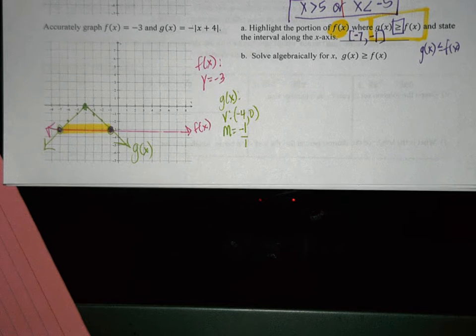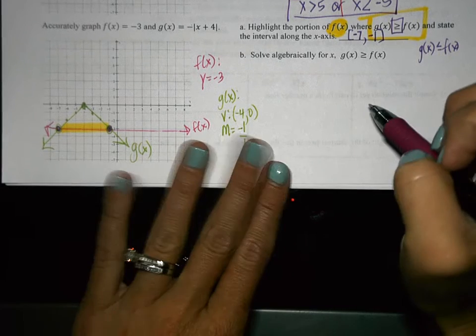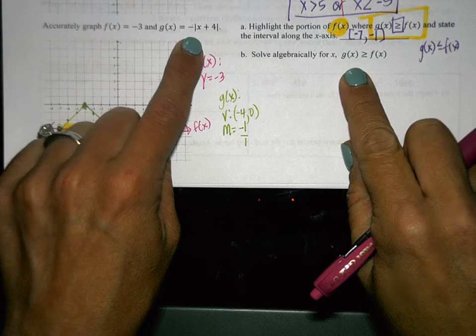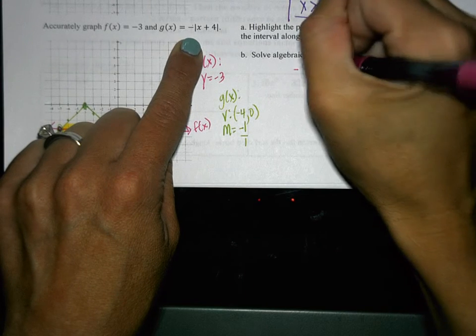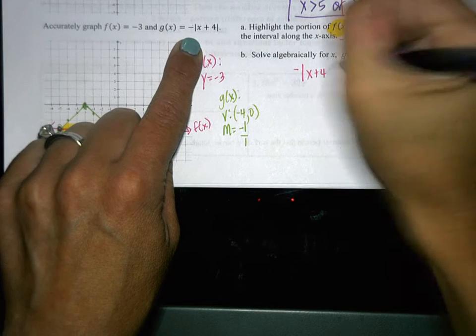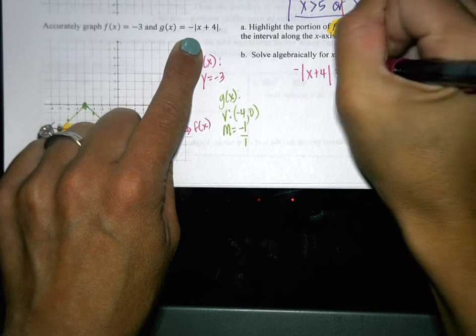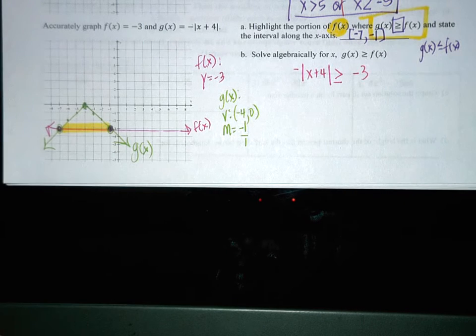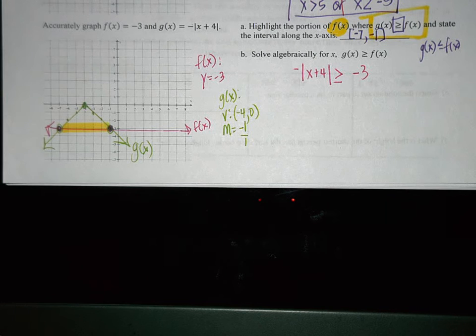Okay, so when I write this equation, it says g of x, which is negative absolute value of x plus 4, is greater than or equal to negative 3. Now what do I have to do to get the absolute value by itself?